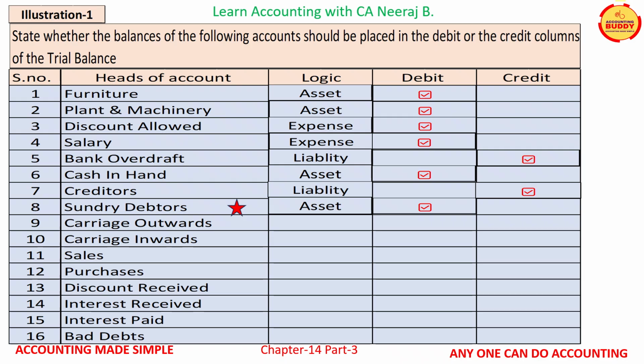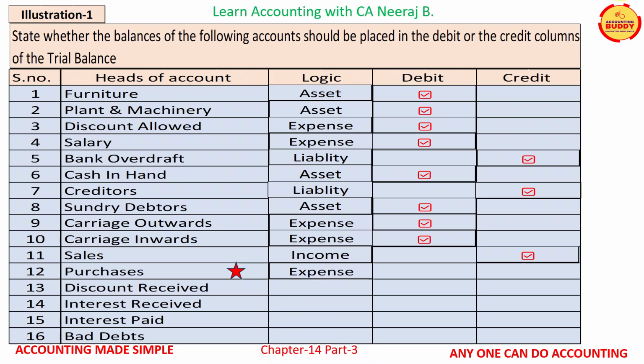Carriage outward and carriage inward both are expense accounts, so both these accounts are placed in the debit column, as the business expenses always carry debit balance. Sales account is an income account, so it is placed in the credit column, as the business income always carry credit balance.